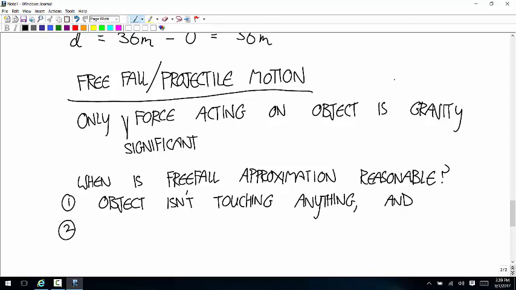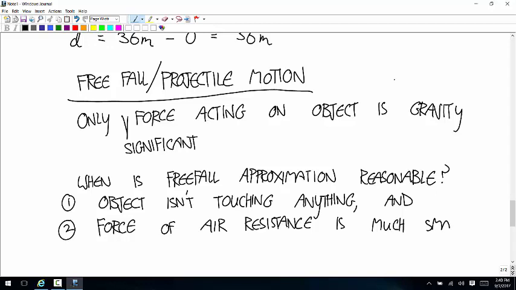So the second one is that the force applied by air resistance is much smaller than the force applied by gravity.